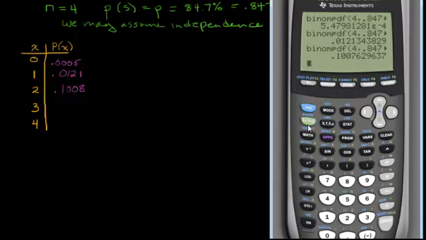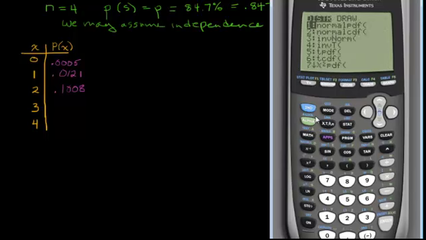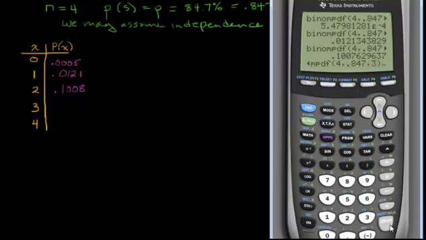Do this again for 3. Again, I'm going to use my shortcut, alpha A. Trials is the same. Enter, enter. Value now is 3. Enter, enter. NPX. Enter. 0.3719.